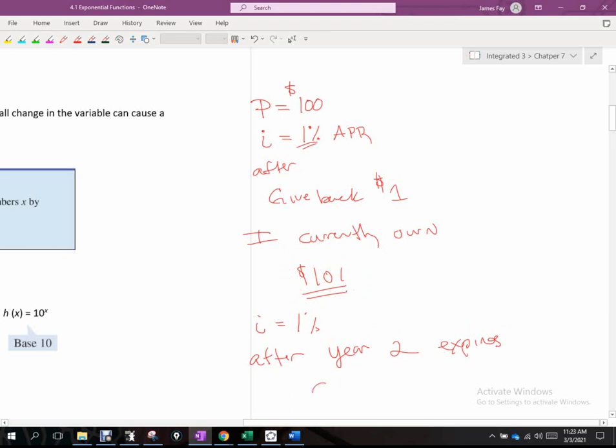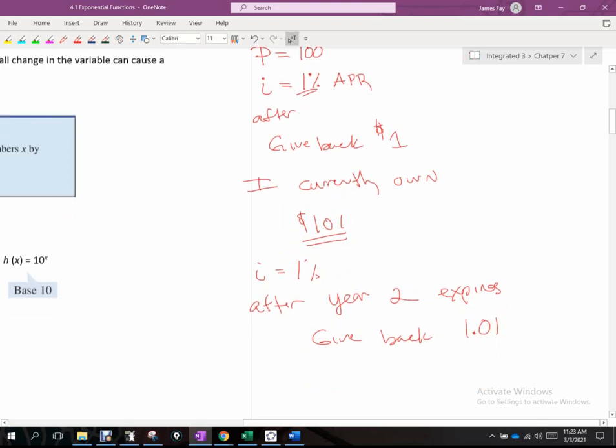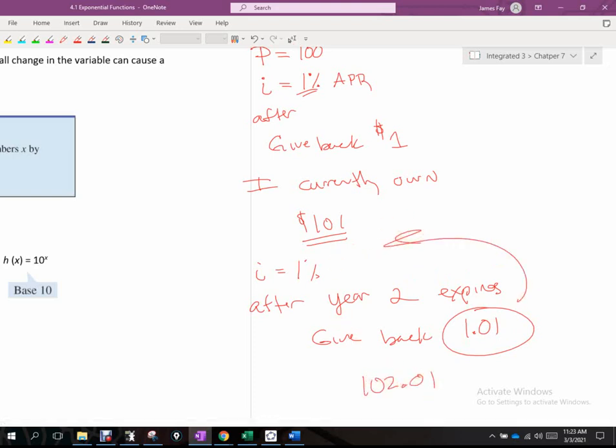So they'll give me back, okay, 1% of this is going to be $1 and 1 penny. Does that make sense? And then that gets added to that, and in my account now I have $102.01. Does that make sense to everybody?